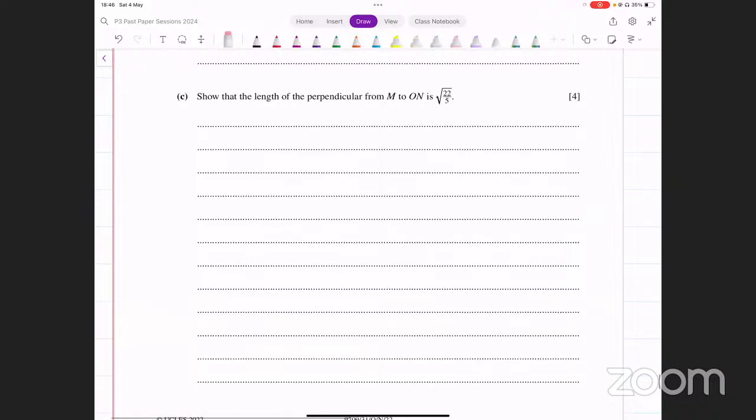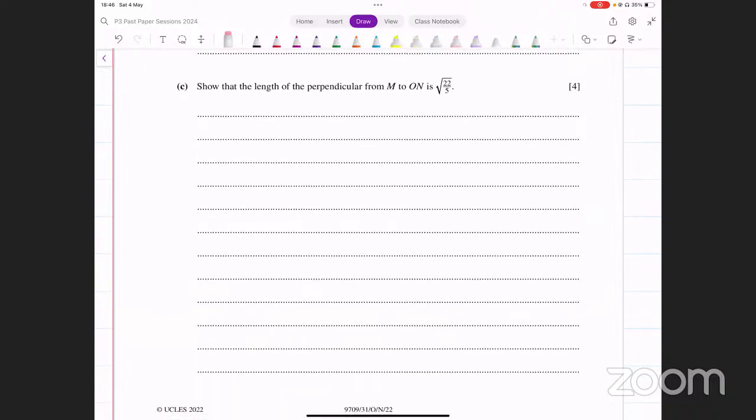Now it says, show that the length of the perpendicular from M to ON is under root 22 over 5. Perpendicular distance from a point to a line. Remember the method for that? You just have to apply that standard method, and that will give you the result. Now, what do you need for that?